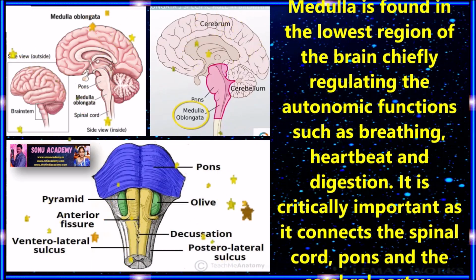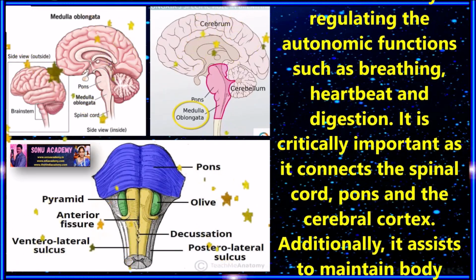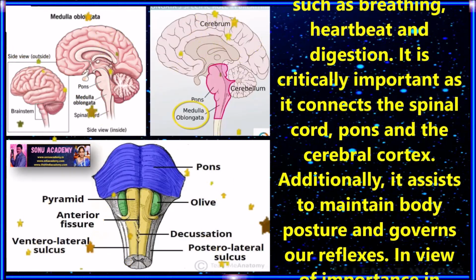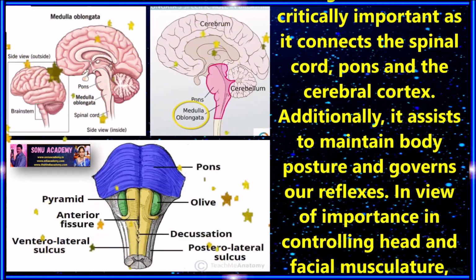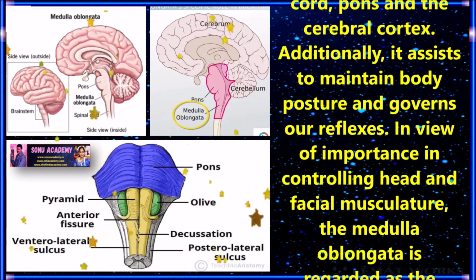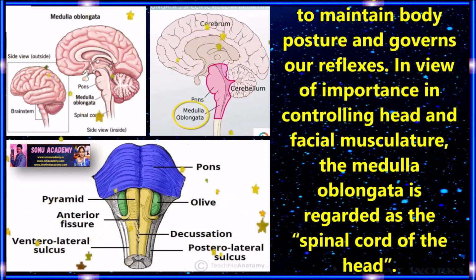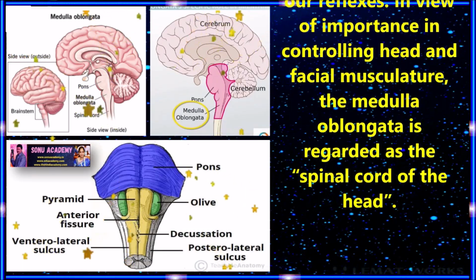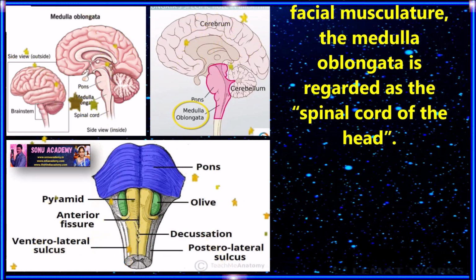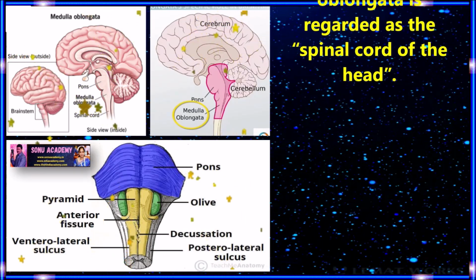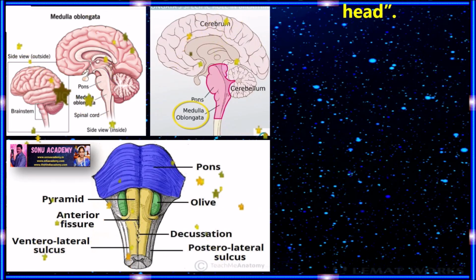It is critically important as it connects the spinal cord, pons, and the cerebral cortex. Additionally, it assists to maintain body posture and governs our reflexes. In view of its importance in controlling head and facial musculature, the medulla oblongata is regarded as the spinal cord of the head.